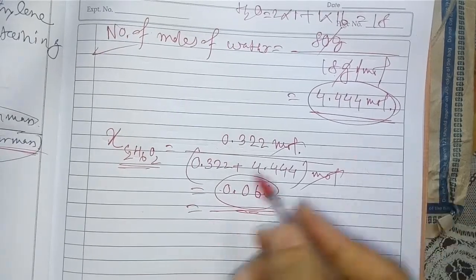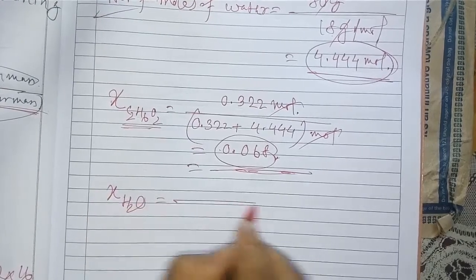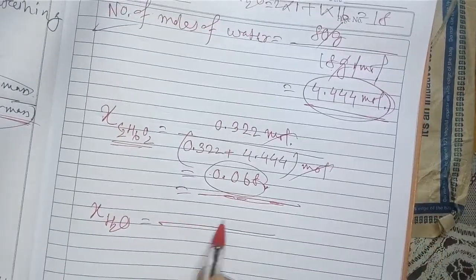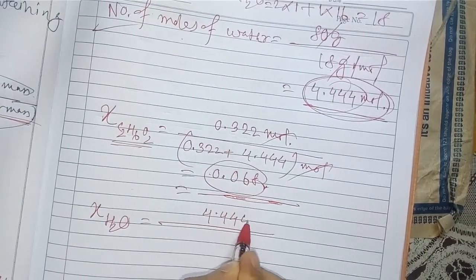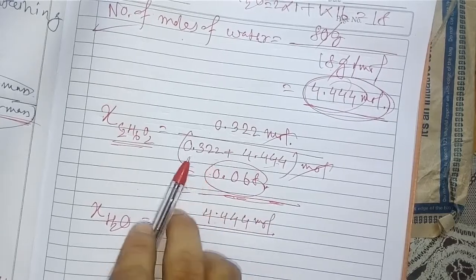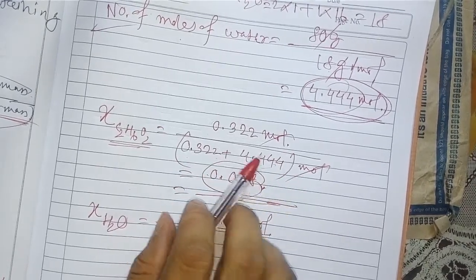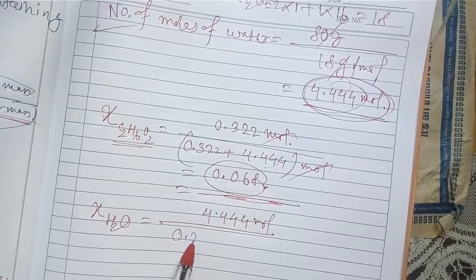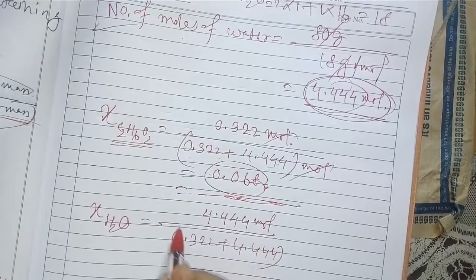Similarly, the mole fraction of water: the number of moles of water, 4.444 mole, on top, divided by the total number of moles of components, 0.322 plus 4.444.